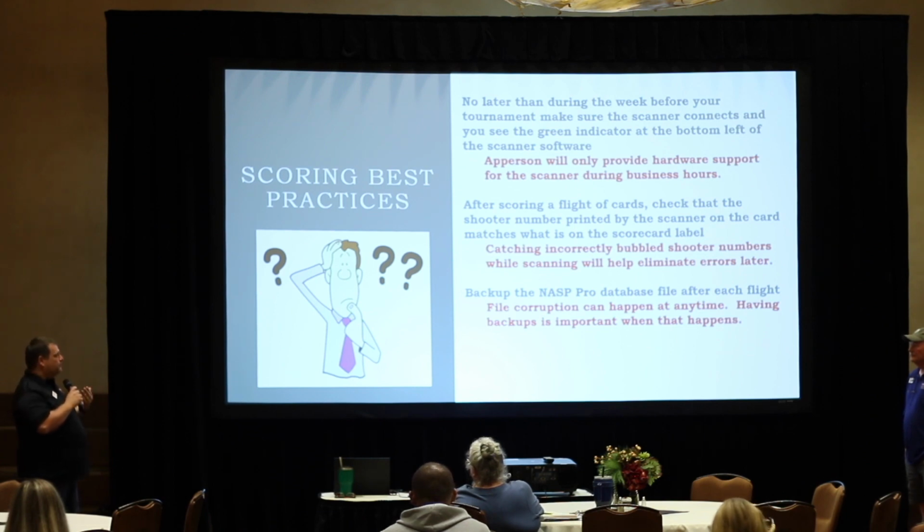So for one thing, we count the cards. If you've got a small tournament and 20 archers, when those cards first come into the scoring room, if you don't have 20, there's a card still floating around out on target.